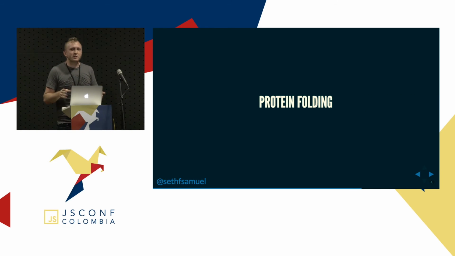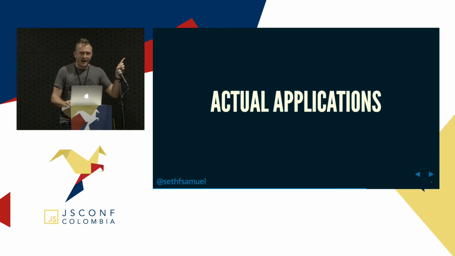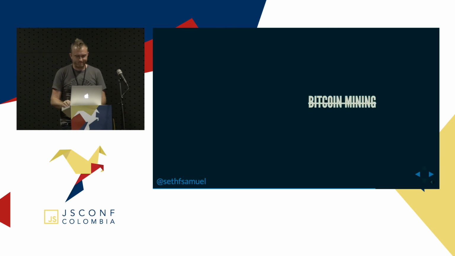Protein folding. Some of these are probably sounding familiar if you ever had one of those screensavers that does work distributedly, because it's the same problem. How can you take a lot of data, split it up, put it on people's graphics cards, and collect the result? All right, actual applications. Nope. Nope. Nope. Maybe. Maybe.